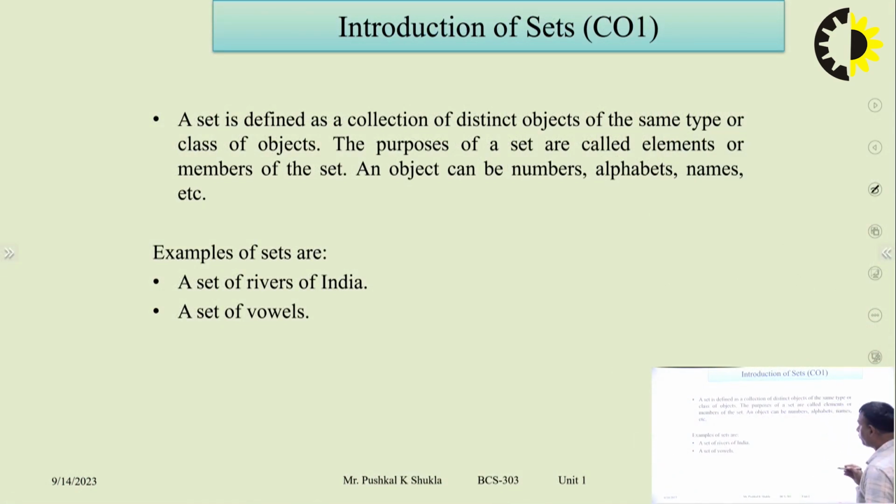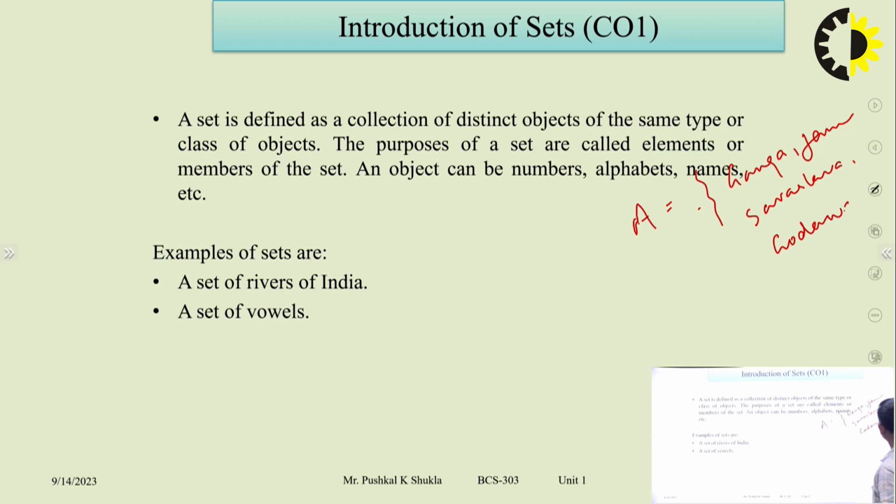You can write A equal to, A is a set, and rivers of India like Ganga, Jamuna, Saraswati, Godavari, Narmada, etc. So, this is a set. You can say that this is a set because all the elements of the set are well defined.